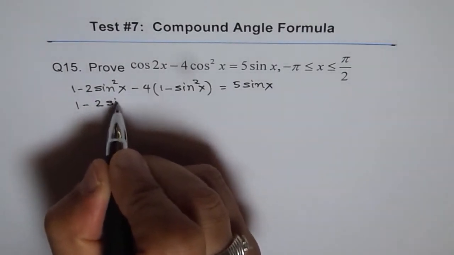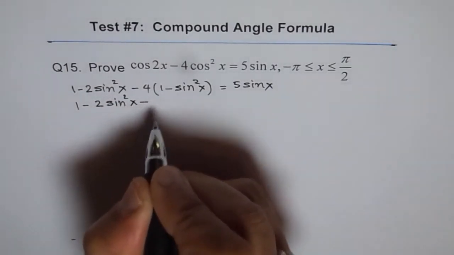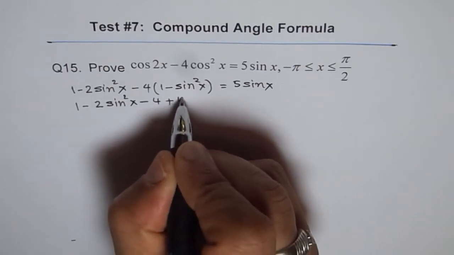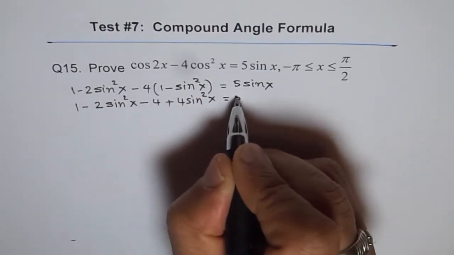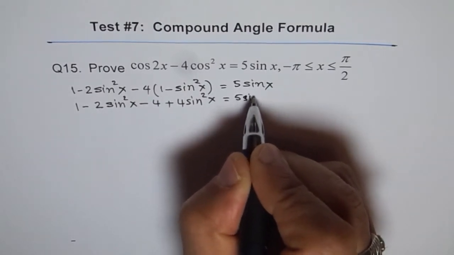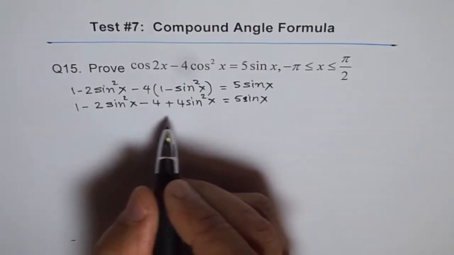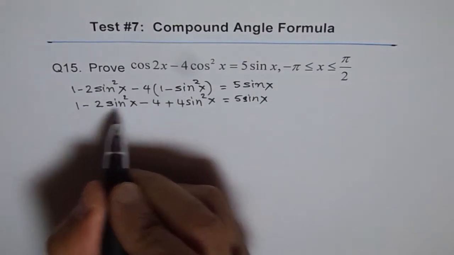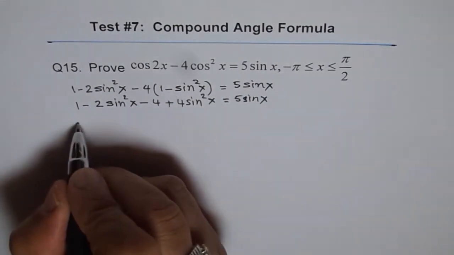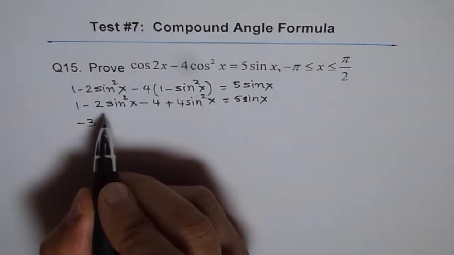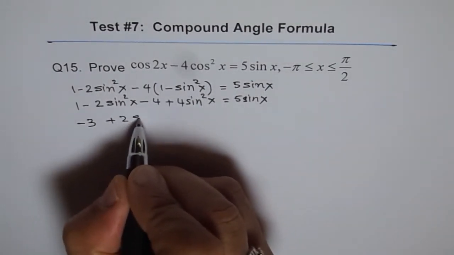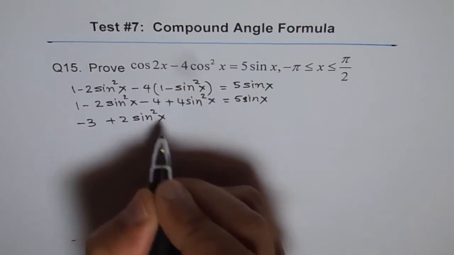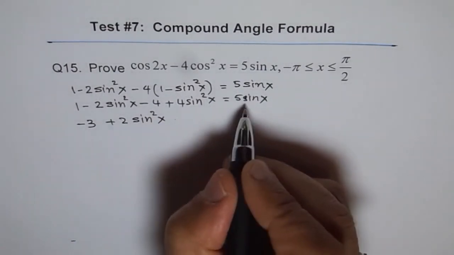Let's do it in 2 steps. Minus 4 plus 4 sine square x equals 5 sine x. So we have 1 and minus 4 is minus 3, and minus 2 and plus 4 is plus 2 sine square x, equals 5 sine x.